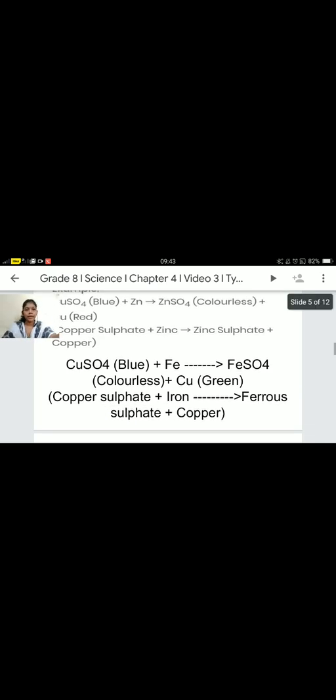So how will the reaction take place? Only Cu will be replaced by zinc. So what will be your reaction? ZnSO4, which gives you the colorless solution, plus copper, which is red in color. At the bottom of the beaker you find that copper which is red in color. So this is your first reaction in case of beaker A.